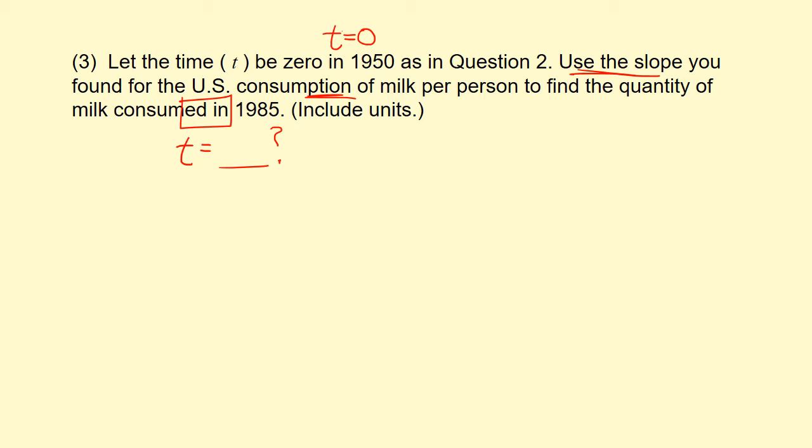So you're going to use that unit, that slope, and you're going to figure out what this t is equal to and how many years have gone by between 1950 and 1985. And one way or another, whatever way makes the most sense to you, use that information to approximate the milk consumption in 1985. All right, so we're going to do some careful arithmetic there.